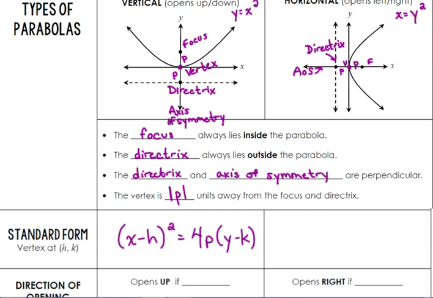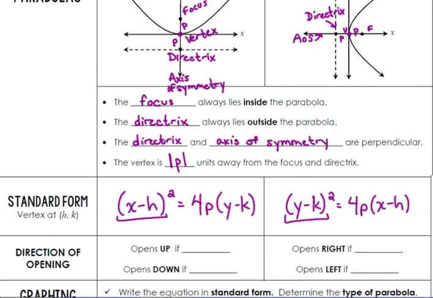You always write it so that the squared term is completely by itself. Any constants need to be on the other side. Same thing with the y. It would be (y minus k) squared is equal to 4p times (x minus h). This is always by itself. The constants are on the side with the variable that is not squared.